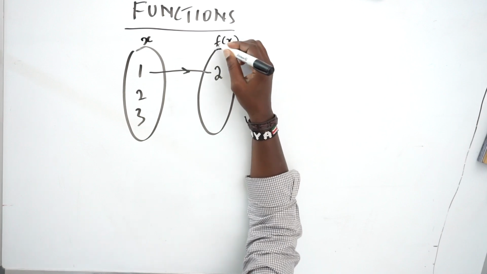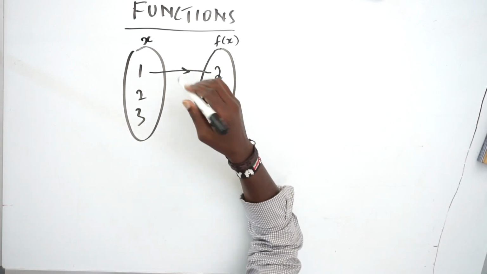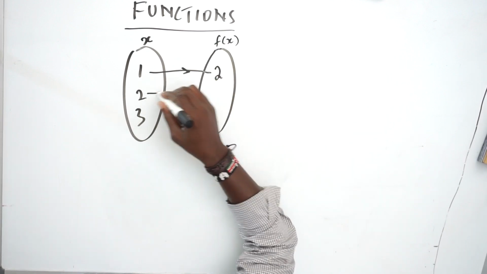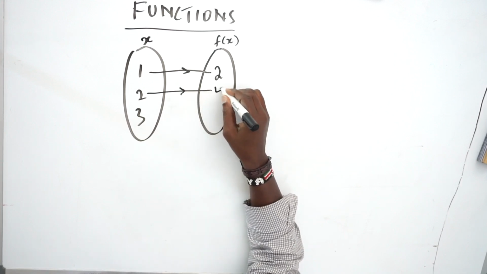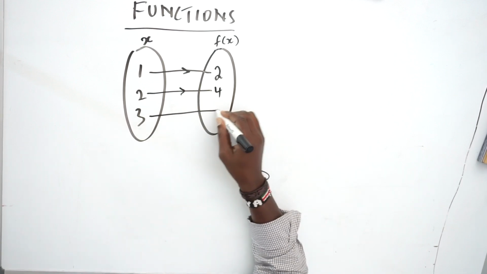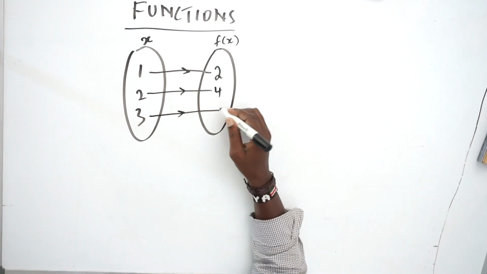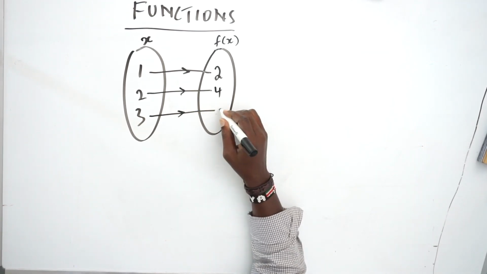Now f of x becomes 2x when we are doubling, and 2 would be mapped onto 2 times 2, 4.